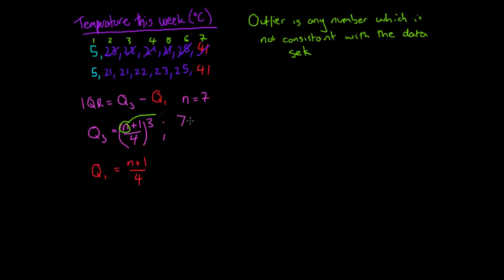Our third quartile will be at the (7 plus 1) divided by 4, times 3 value. 7 plus 1 is 8, so 8 on 4 times 3, which is 2 times 3, the 6th observation.